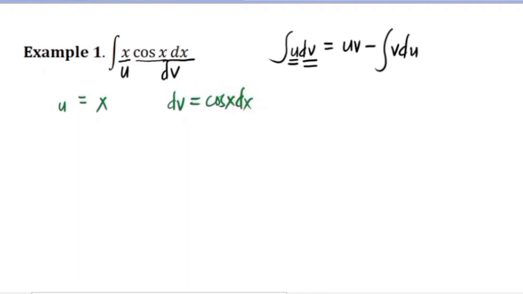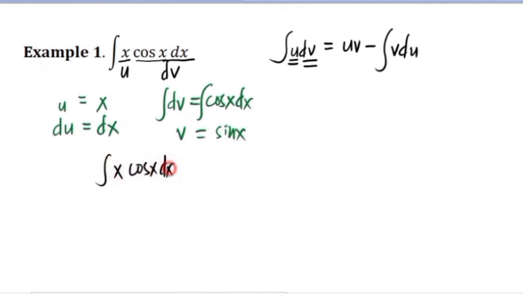So, taking the derivative of this, you have du is equal to dx. And here, magti-take tayo ng integral. Integrate. The integral of dv is v, and the integral of cosine x dx is sine x. Ngayon, we have the integral of x cosine x dx is equal to uv.